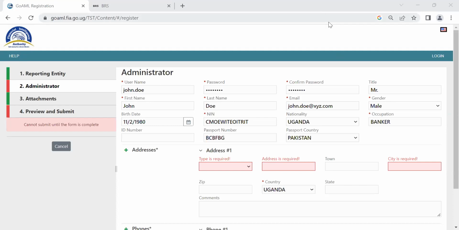I'll just have to confirm again with compliance. I don't know if we have anyone from compliance. If compliance is on, they can confirm for us. Betty, are you on? Yes, I'm on. Okay, I thought it was Betty this side.